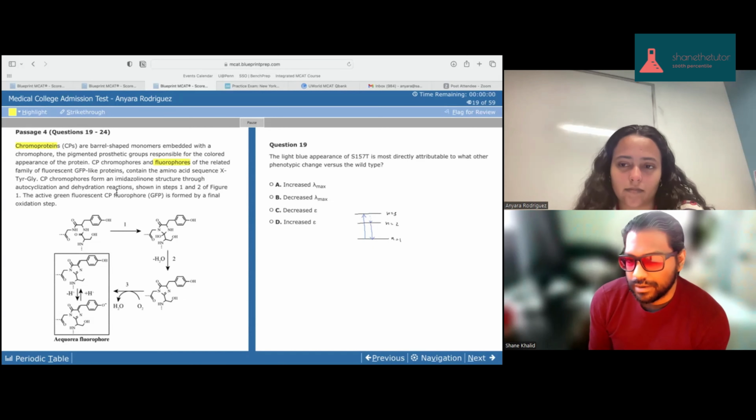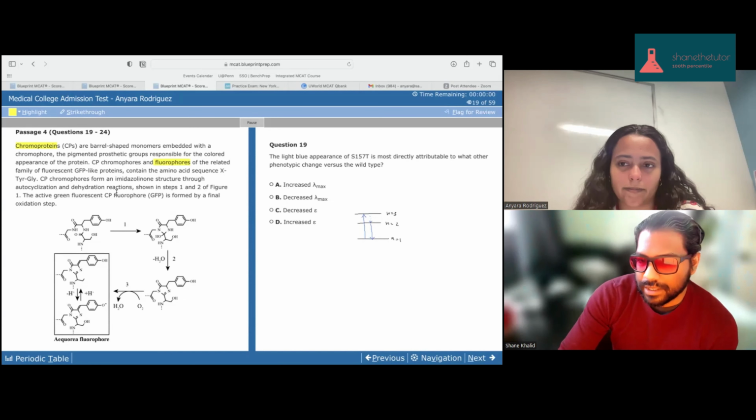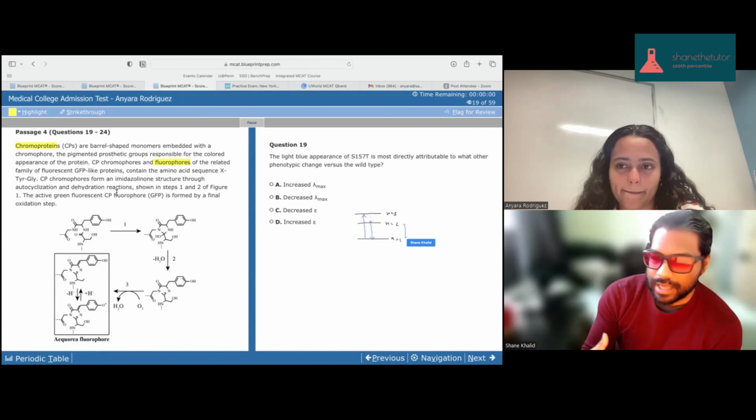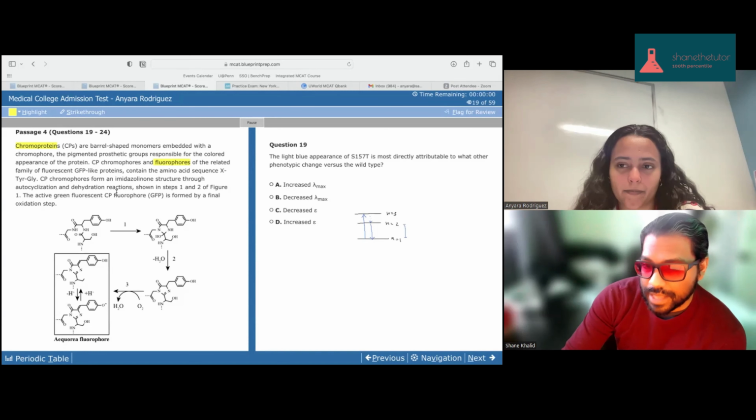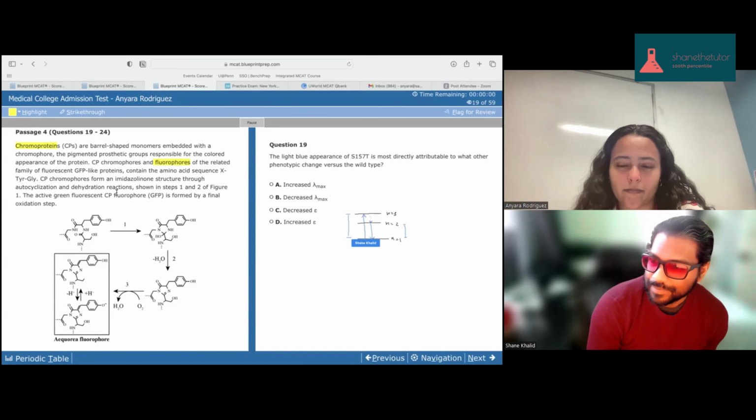But the photon that's emitted is just the energy difference between the first and the second shell, which is less than the energy difference between the first and the third shell.